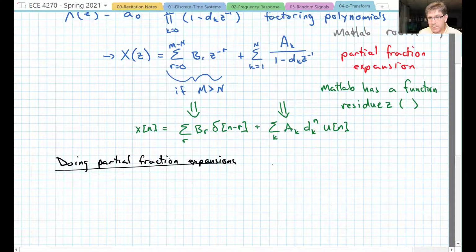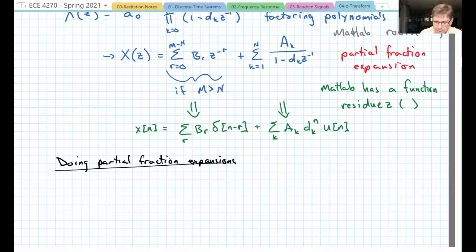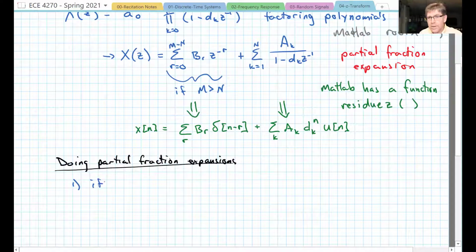In particular, if you have repeated roots, you have to treat it specially in your partial fraction expansion. So step one is if the numerator is of higher order than the denominator, then you do long division until you have a remainder that is of smaller order or equal order to the denominator, and you do partial fraction on that remainder.